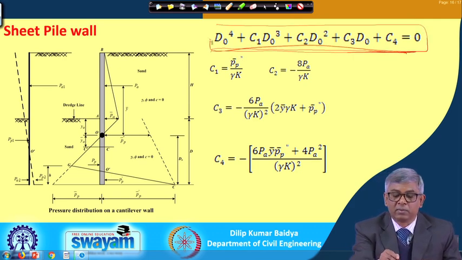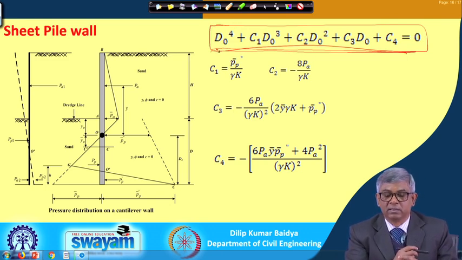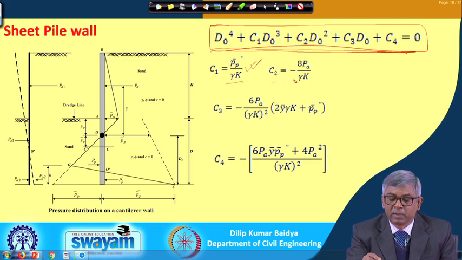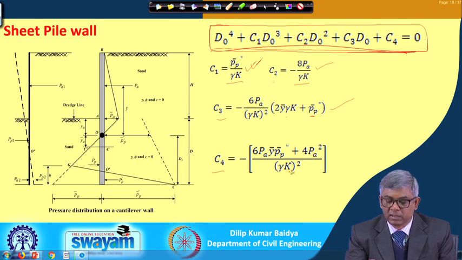That can finally be written in this simple equation form, where d naught is the variable, and C 1, C 2, C 3 and C 4 are 4 constants. So, what is C 1? C 1 is p p double dash bar by gamma k, C 2 is minus 8 p a by gamma k, C 3 is minus 6 p a by gamma k square, 2 y bar gamma k plus p p double dash bar, and C 4 is equal to minus 6 P A y bar P P double dash bar plus 4 P A square by gamma.